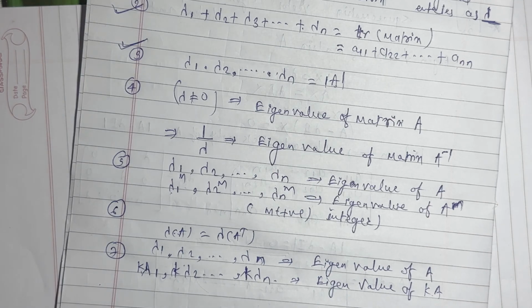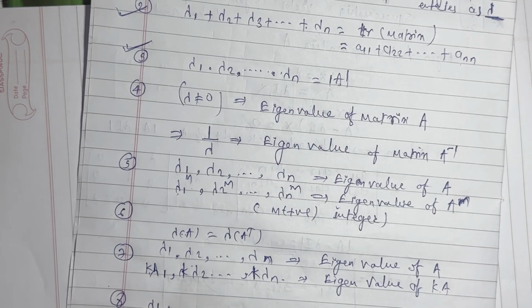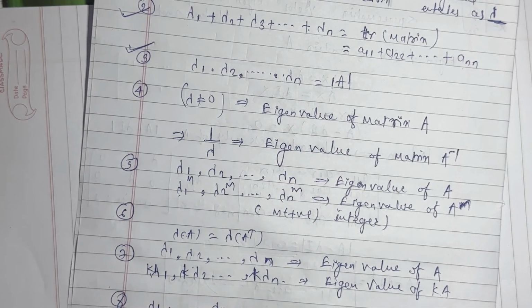Next remark: if lambda 1 to lambda n are eigenvalues of A, then what are the eigenvalues of A plus or minus KI?